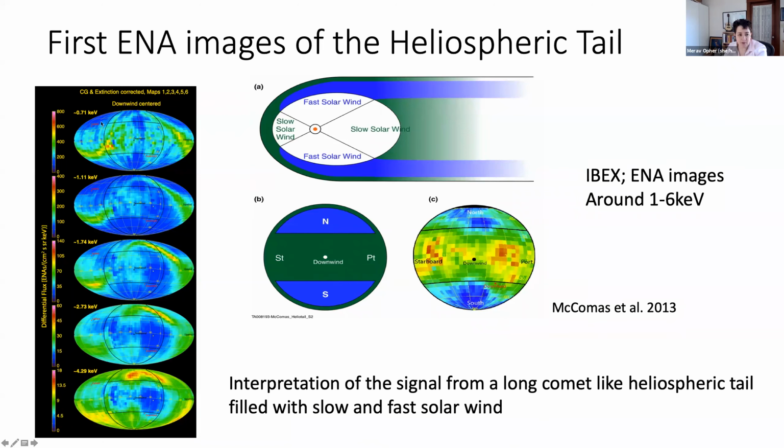The maps look very different from 0.7 keV to 5 keV, like somebody's turning on the lights in different locations. And Dave McComas and his team explained that the main difference is due to the fast and slow wind coming down the tail, because the paradigm was that we have a long tail.